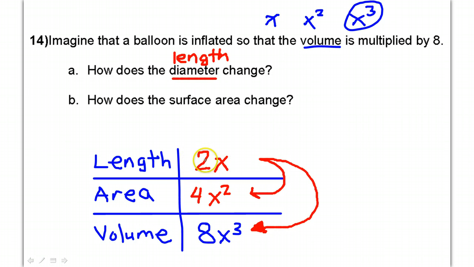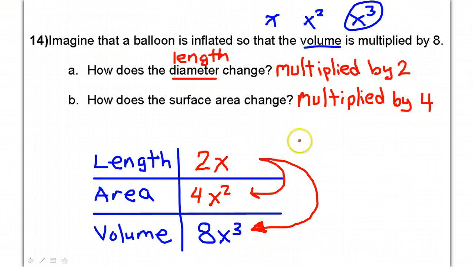And the lengths are multiplied by 2. So you just write that down. Okay, so how does the diameter change? It's multiplied by 2. Well, the surface area, as you can see, is multiplied by 4.